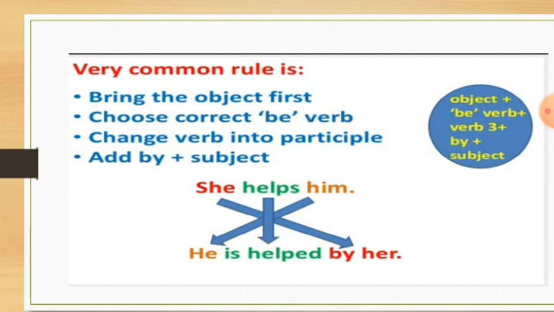That means the subject which is in the active voice, you need to put that subject in the object place while changing it into passive voice. Clear? So this is a very common rule which you need to follow while changing a sentence from active to passive. Clear?